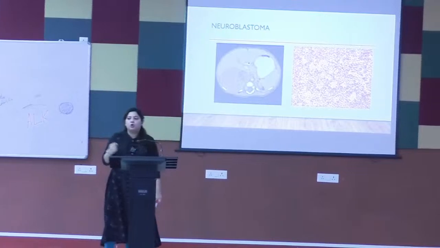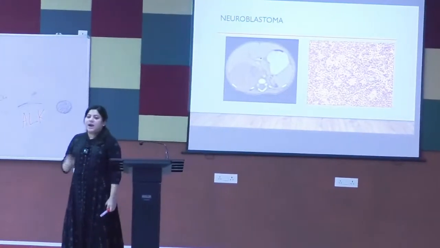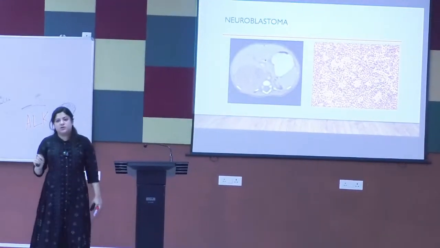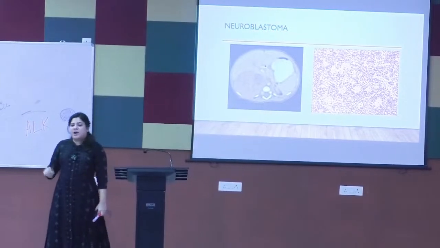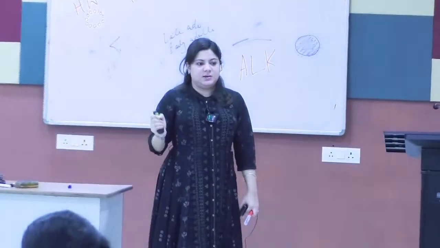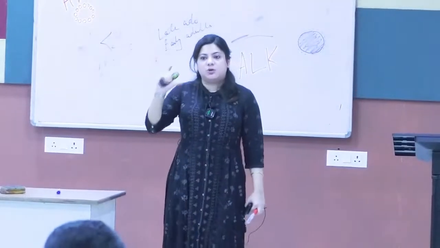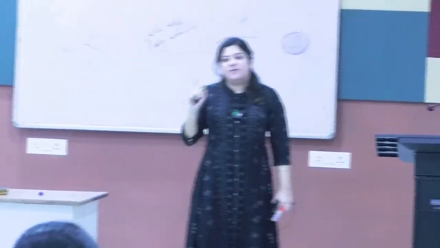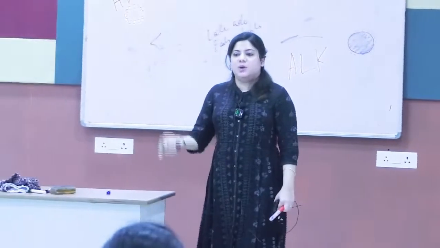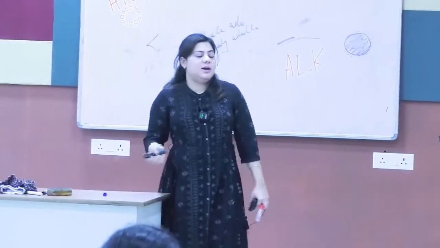So they can have whole chromosome gains, and that is associated with better prognosis in neuroblastoma. Whereas they can have a phenomenon called chromothripsis. Chromothripsis means partial chromosome gain. If that is present, it is associated with worse prognosis, right?